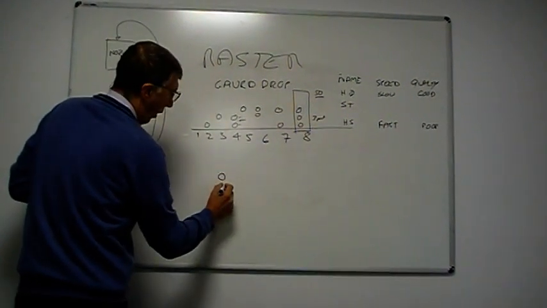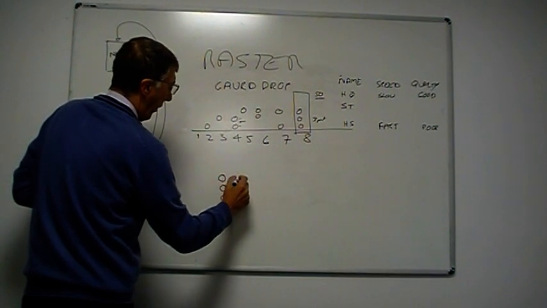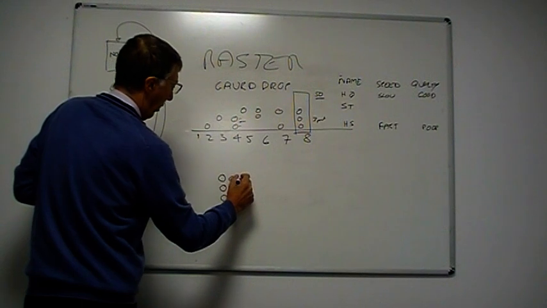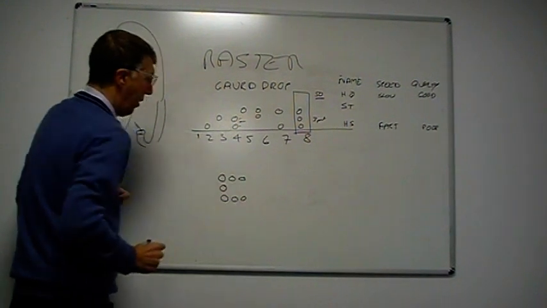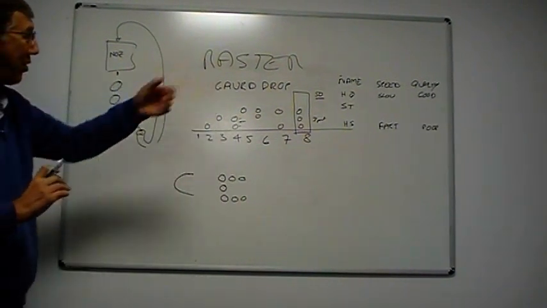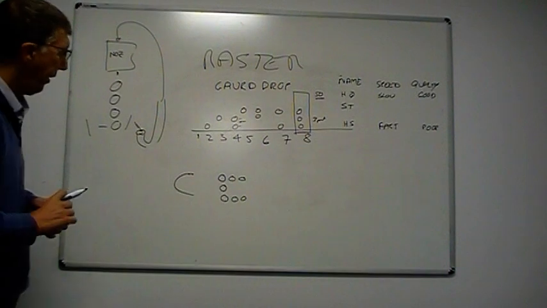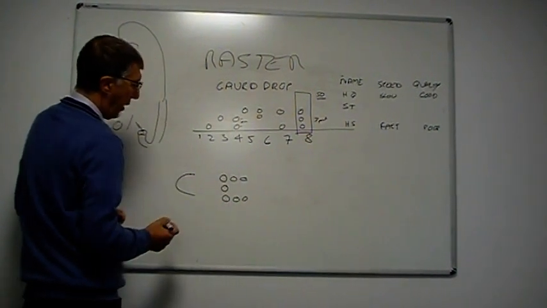So when we have our item to print, something like the letter C, and I'm using only the 3-drop raster here, we can see that it's made up of different types of stroke.